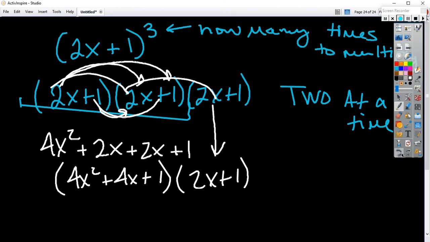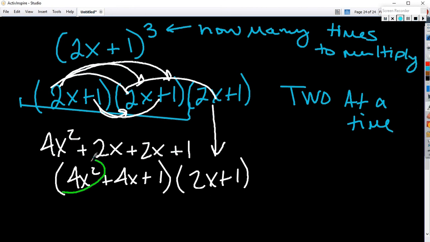All right, now let's multiply these. Take the first one. 4x squared times 2x is what? Come on, guys. What's 4x squared times 2x? 8x cubed. It's okay. That's why I told you write that down, because they get discombobulated in your head. They always do.